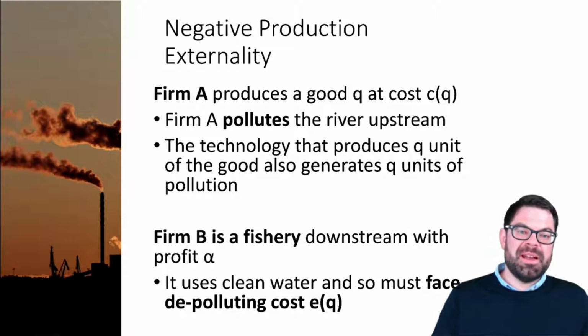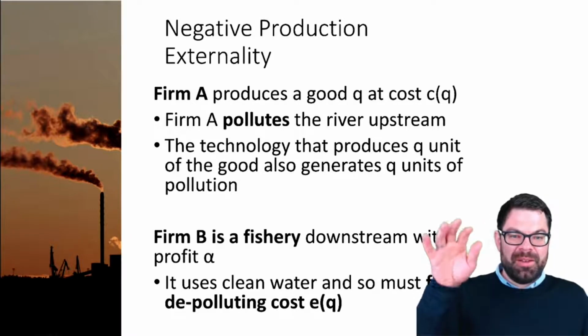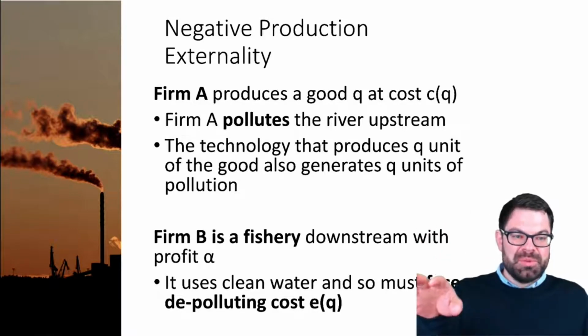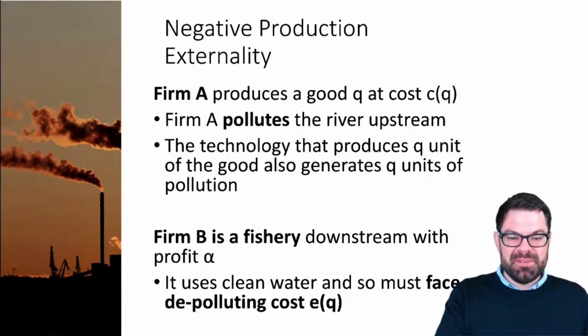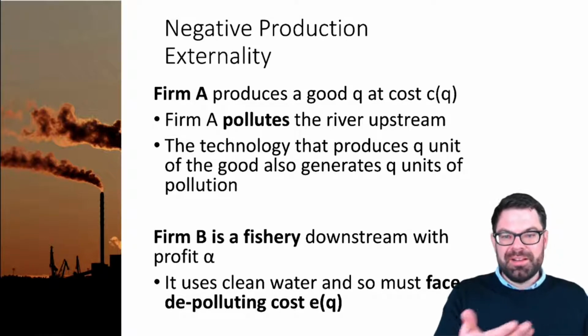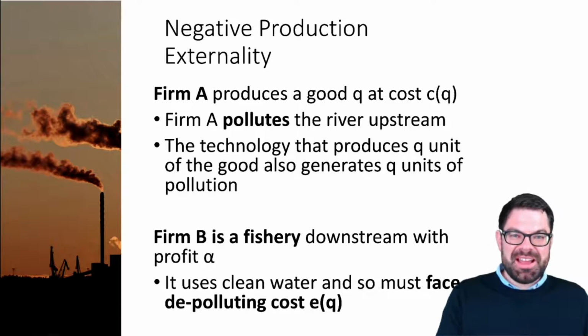So the one example is you have a firm that pollutes that is upstream, and further downstream you have a fishery that fishes and that must pay something to depollute the water, right? Or whose fish isn't as good as it would be if there wasn't that pollution.